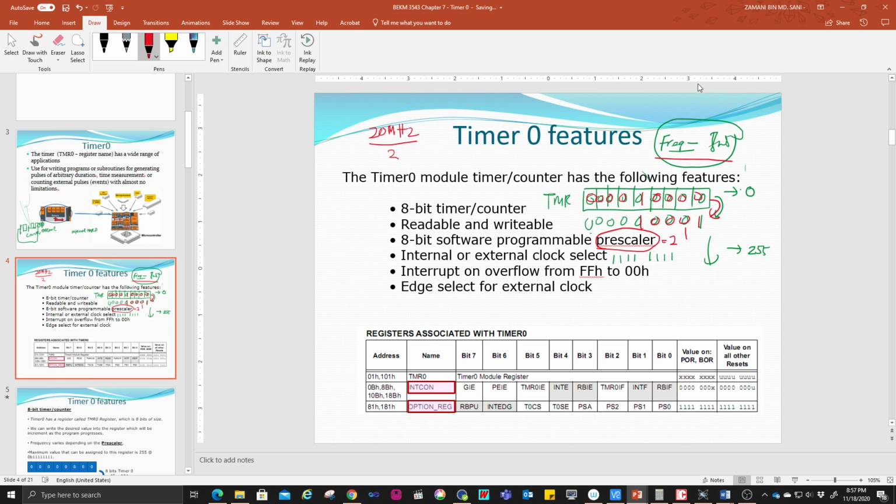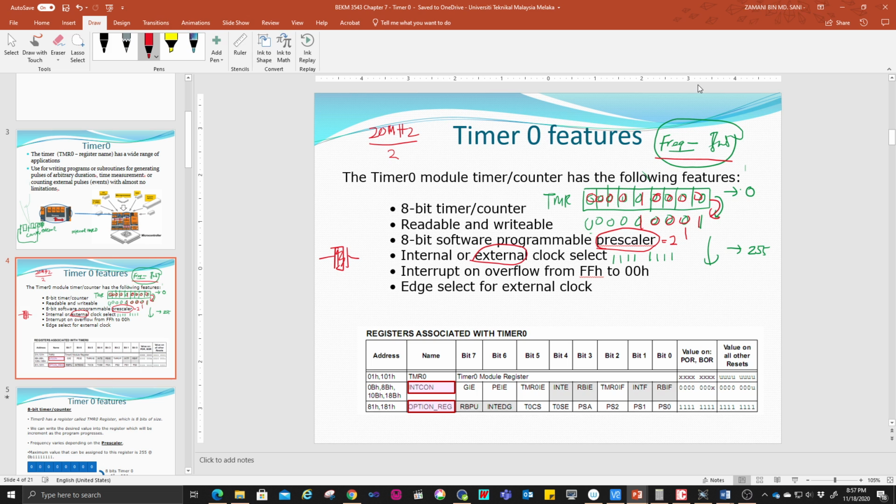That's why they call it a prescaler. It's just a division of the clock. Then there is the internal or external clock select, which I talked about just now. For the external, we talk about the clock from outside, but the internal clock is the one that we are going to use with timer zero, so we can use it for the interrupt.